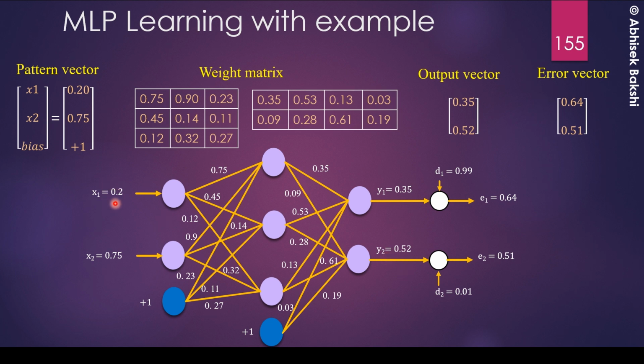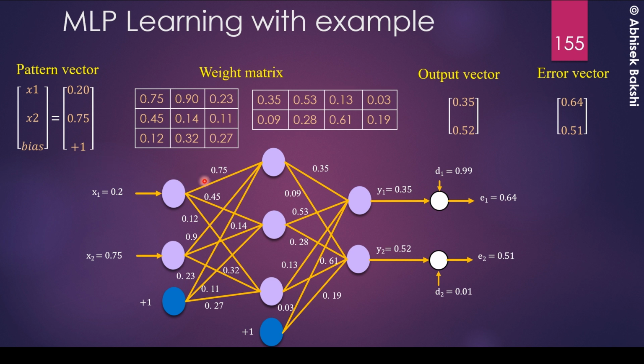Say we have two inputs, so the pattern vector should look something like this: x1, x2, bias, for one data point. X1 value is 0.20 as given here. X2 is 0.75 as given here. And bias is always +1 as we all know.